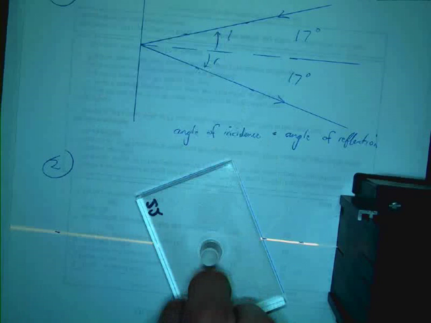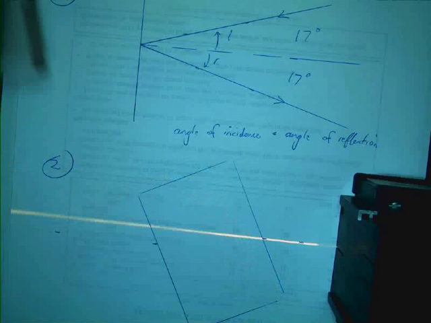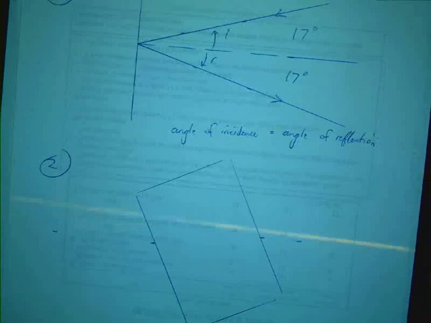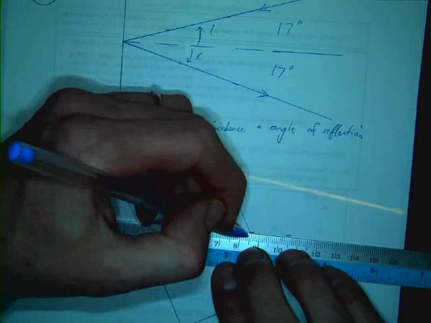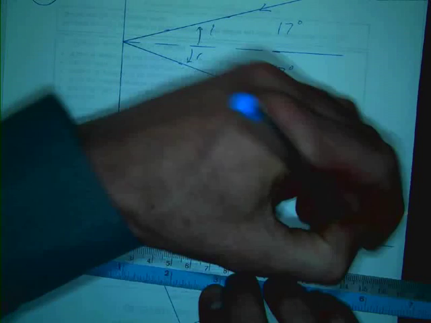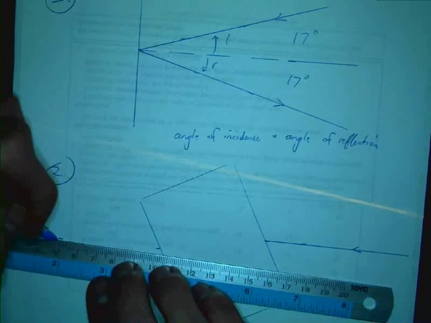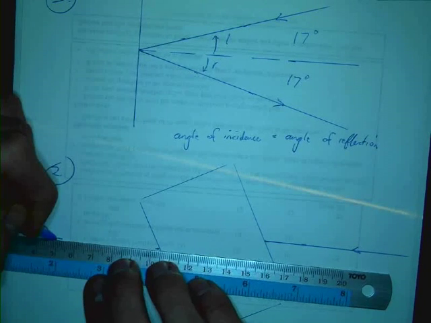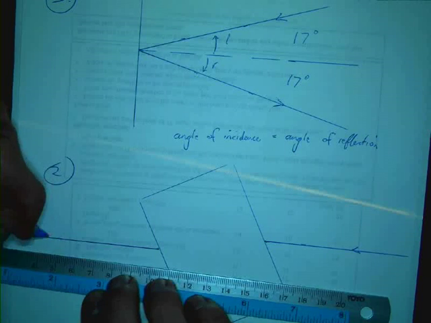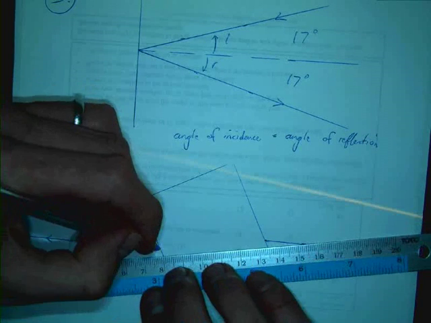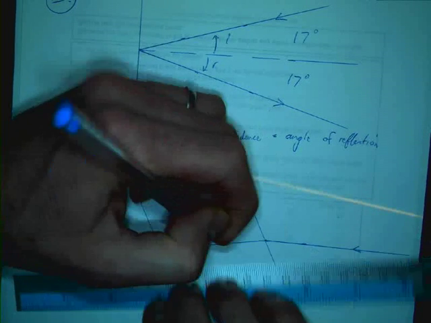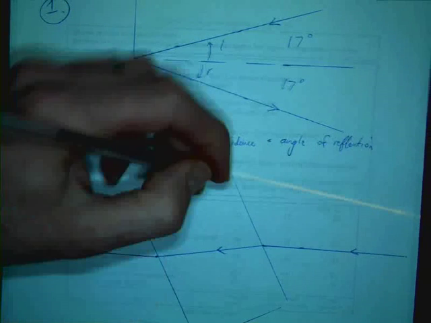So we can draw that in when we remove the block, which we can do now. Incident ray. This is the ray that's coming out the other side. And the refracted ray is this one.